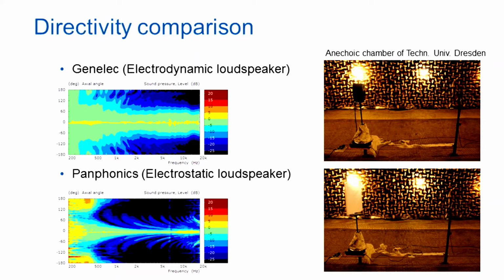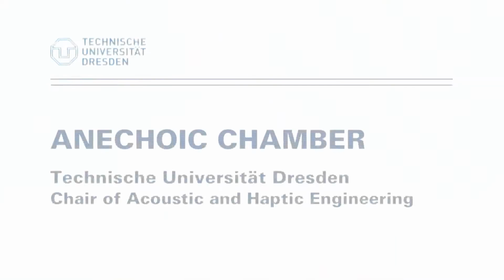And you can see that in the first case, the electrodynamic loudspeaker, we have a very broad degree of direction from 60 degrees to minus 60 degrees. But if you look at electrostatic loudspeakers, particularly in higher frequencies, we see that it is much more focused.